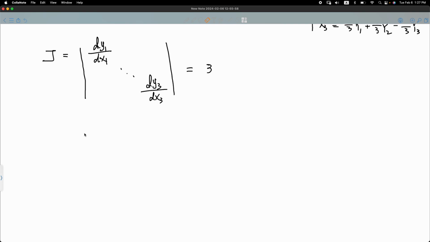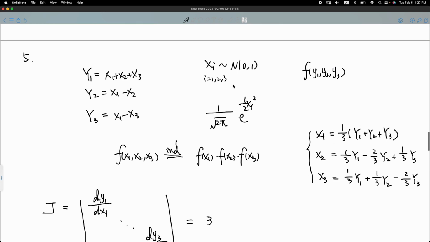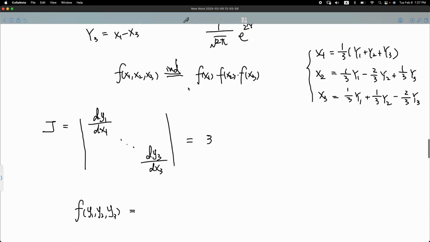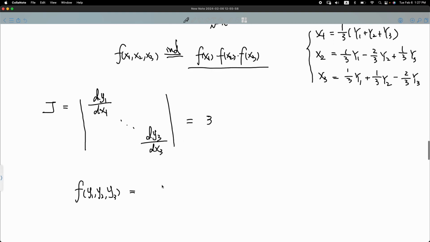And then here, let me just write down the final solution. Here we are interested in y1, y2, and y3 for the joint. Here you need to use the product of the marginals of the x, but make sure you substitute the x with y.